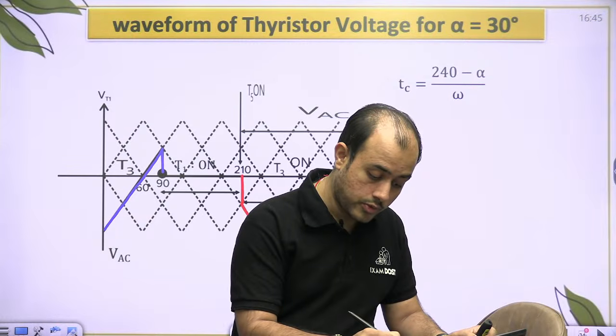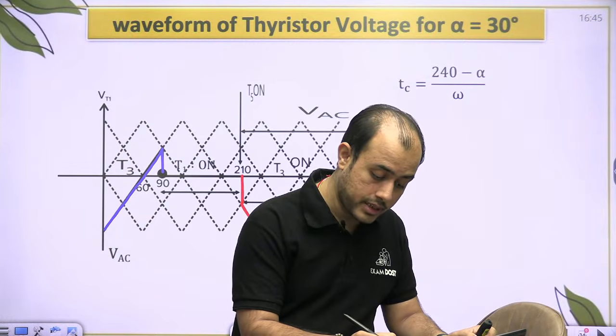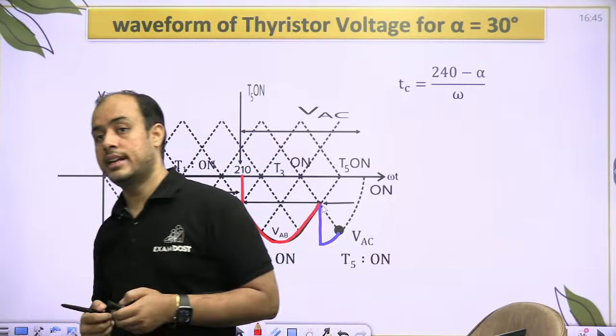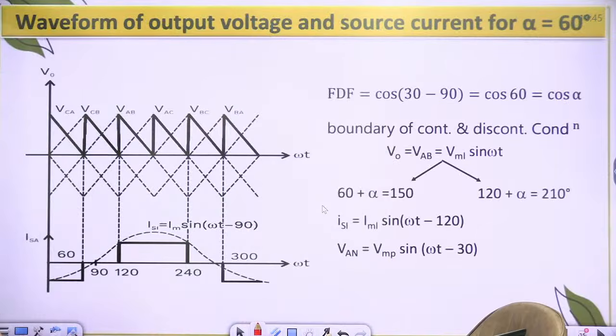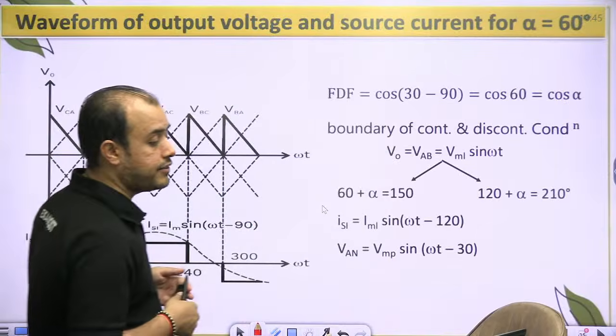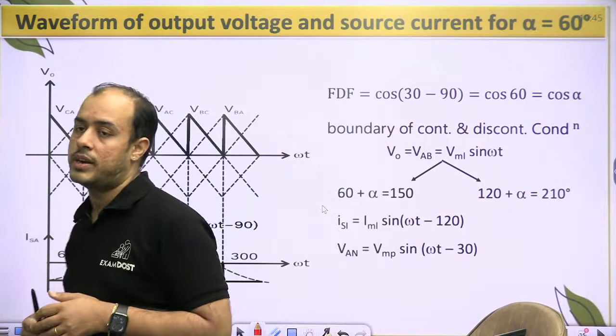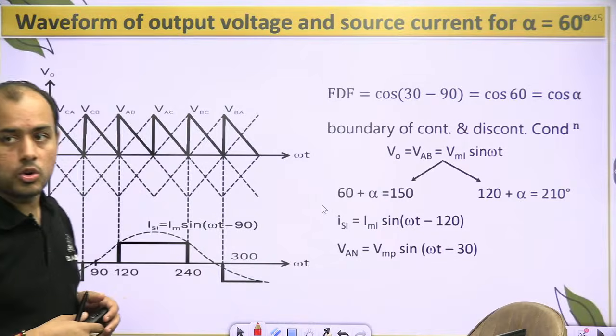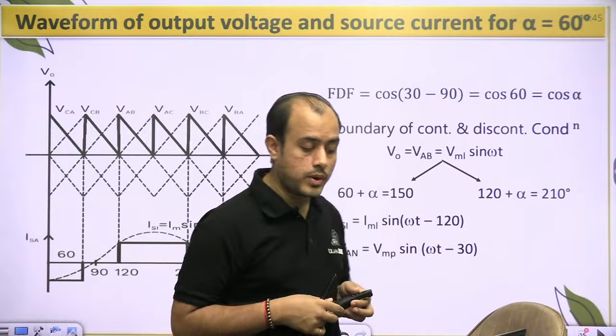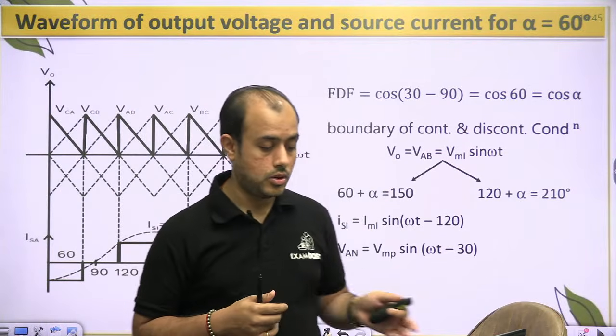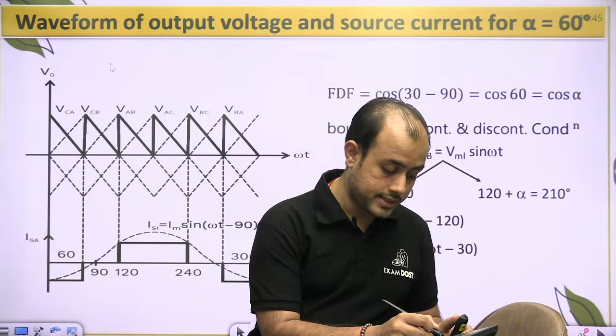So it will be 240 minus alpha by omega. That is your circuit turn off time. Now, if alpha is 60, then VAB conducting from 60 plus alpha to 120 plus alpha will go from 120 to 180. Okay, where alpha is 60.